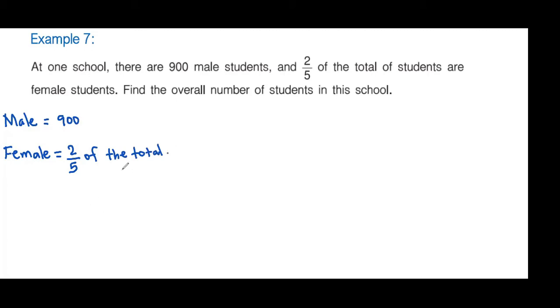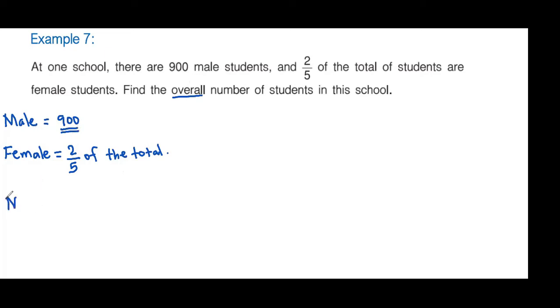Okay. Now, how can we know the overall number of students? To know the overall number of students, since we know the number of male students, that it is 900, we must know the fraction of male.